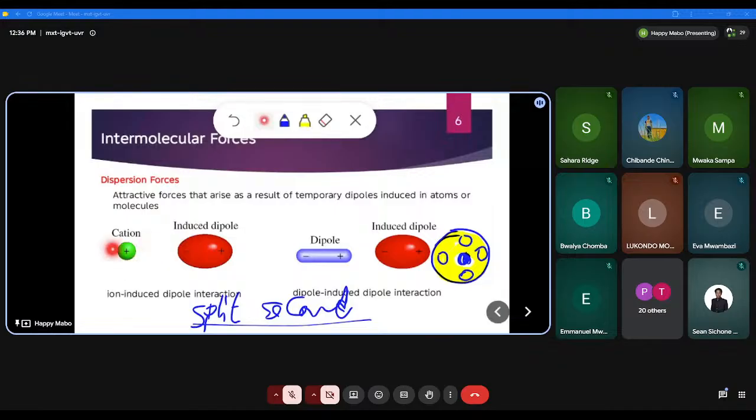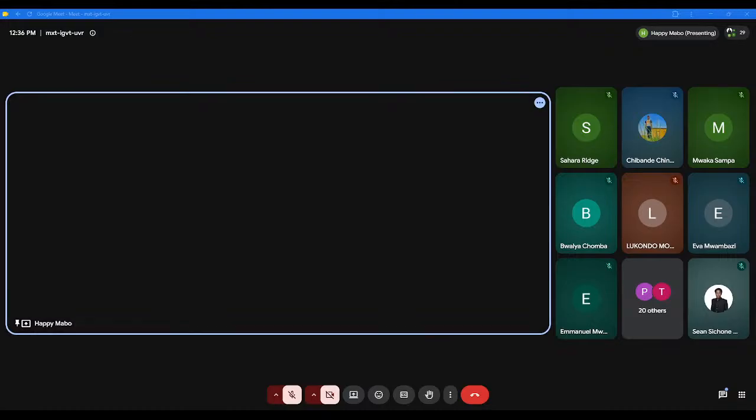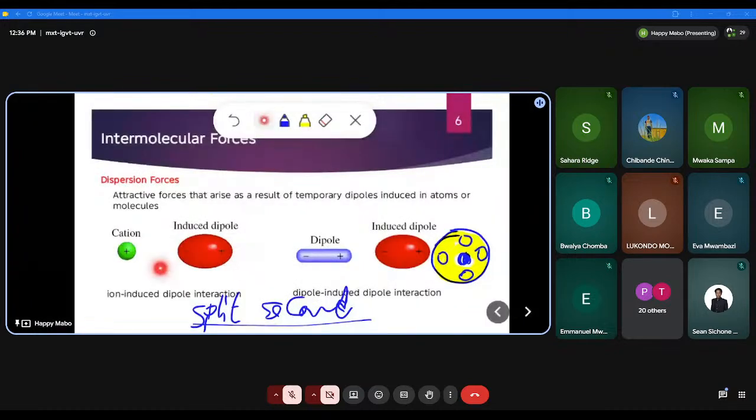Another way of looking at this is, because this one is positively charged, it may attract the electrons to come closer to it, and then you're going to have the other region being positively charged, because the two positive charges cannot be in the same region. So this particular form of dipole is called an induced dipole.